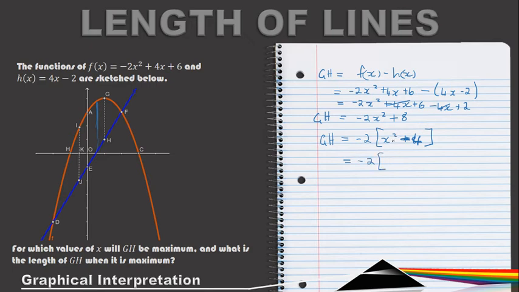My first two terms now, this one will be plus 0x over here. So if I write it as x squared plus 0x minus 4, and then start by completing the square, we'll have x squared plus 0x, and then plus 0 over 2 squared minus 0 over 2 squared minus 4.